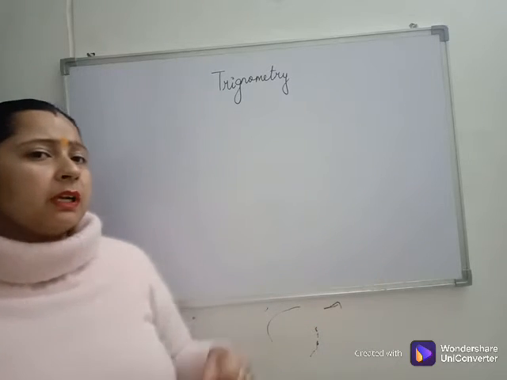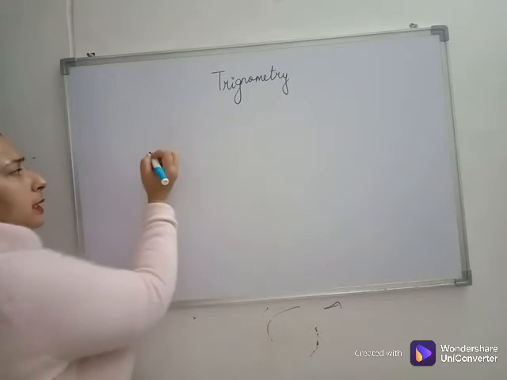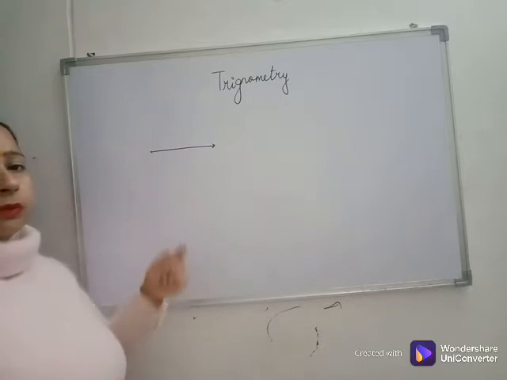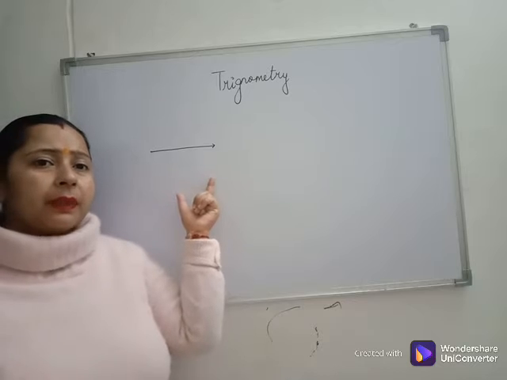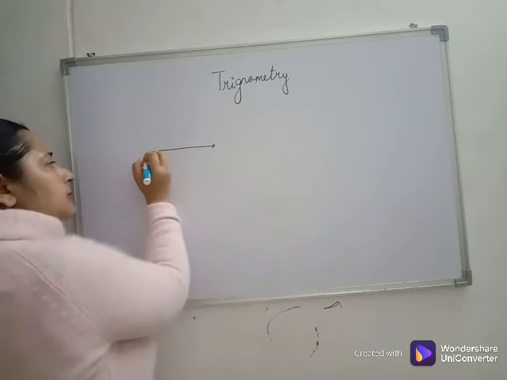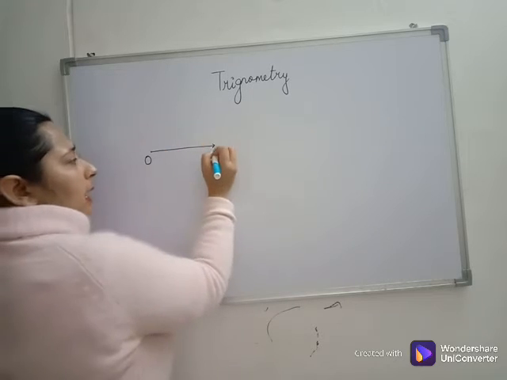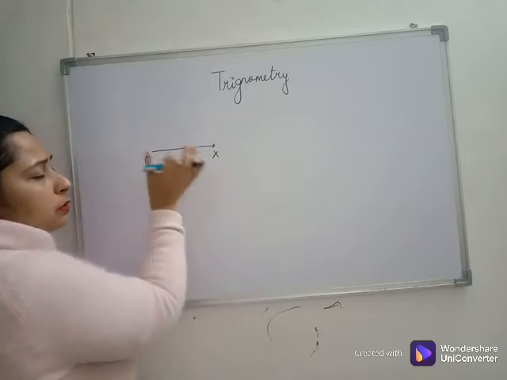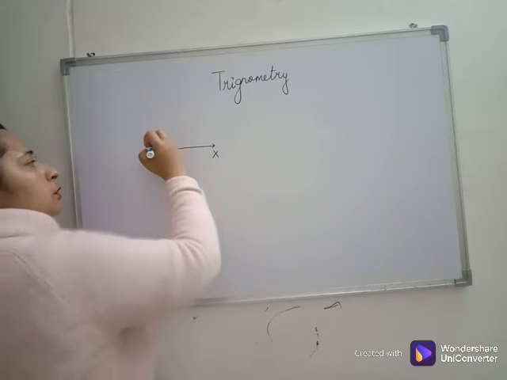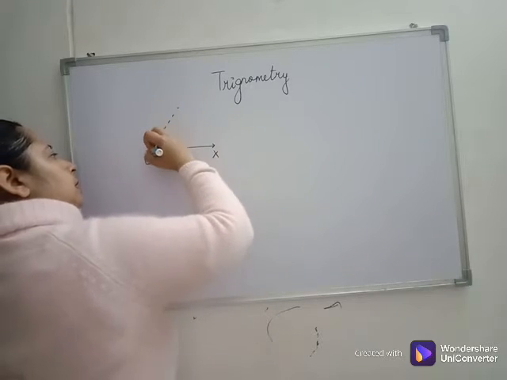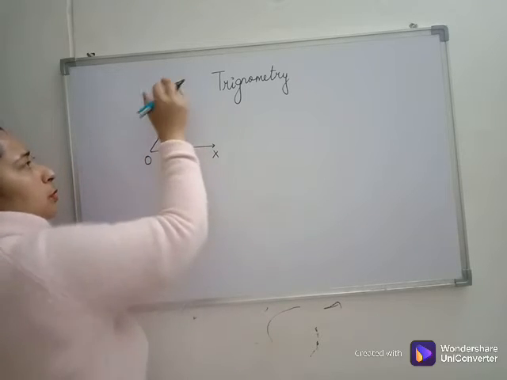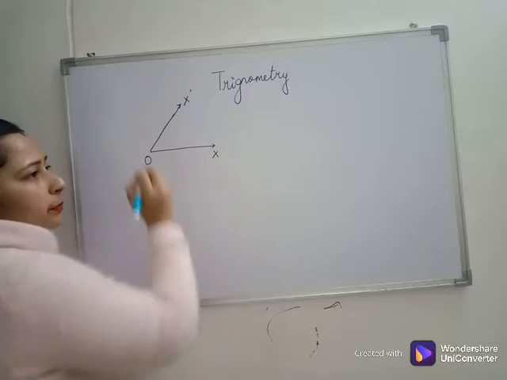Now, as you remember in our lower classes, in geometry classes we used to say that this is a ray. If this is a ray with point O and let it be X, this is the original ray. When I rotate this to this point, I have rotated OX to OX dash.